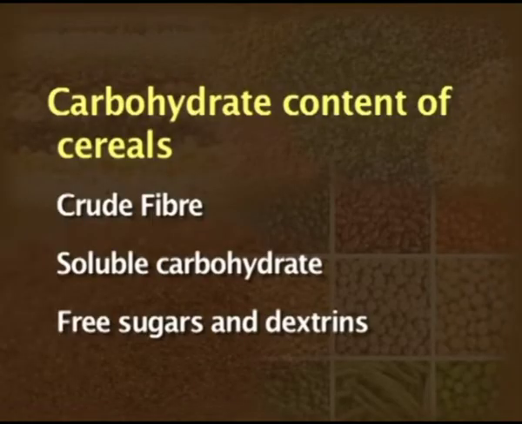Apart from the soluble carbohydrate and the crude fiber content, there are certain amounts of free sugars and also dextrins found in cereals. The starch component of the cereal grain is mostly concentrated in the endosperm, and a very small amount in the form of sugars is found in the germ layer.